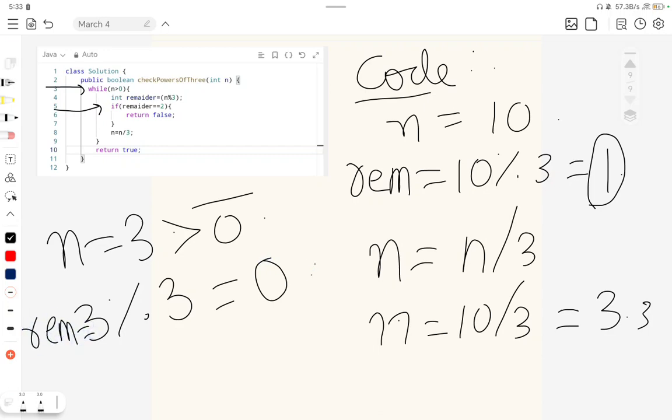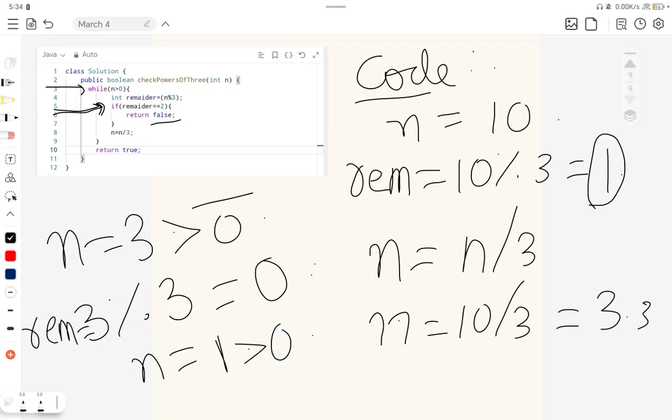Understand, my dear friends? Remainder is 0. Now it checks the condition: if remainder is equal to 2, it is false, so it doesn't enter that branch. Now n is equal to 3 divided by 3, so n is 1, and n is greater than 0.